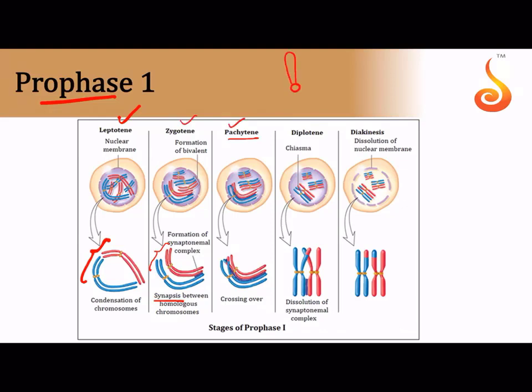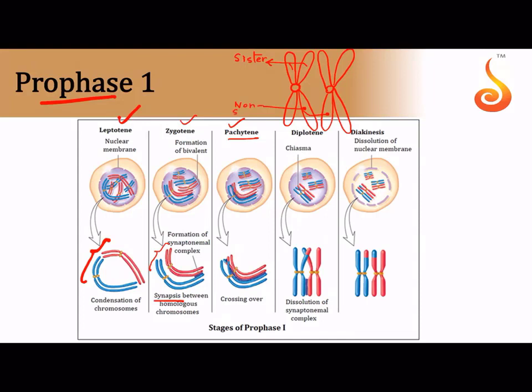Now let me show you a pair here. This is one chromosome, a very diagrammatic representation. This is another chromosome. Notice both of them have sister chromatids. These two chromatids are referred to as sister chromatids. But what would you call one chromatid of this chromosome and one chromatid of this chromosome?